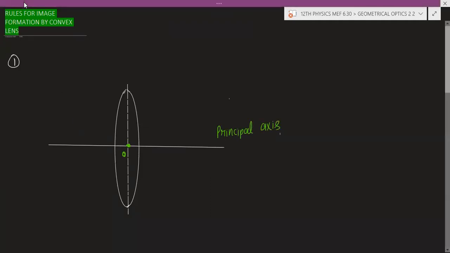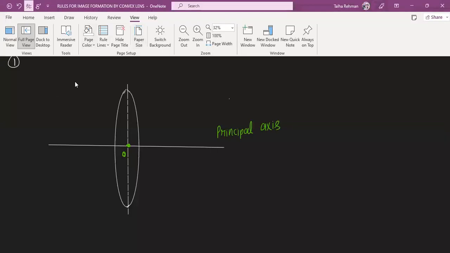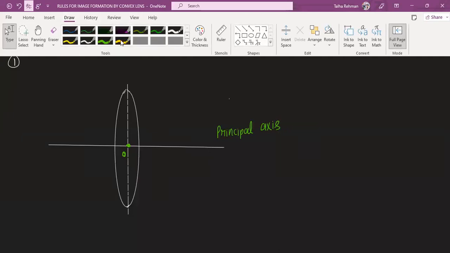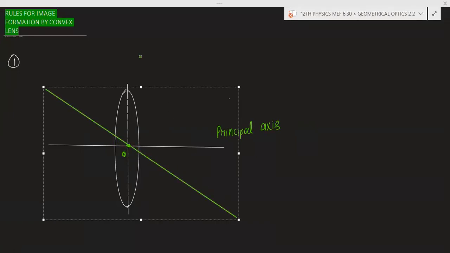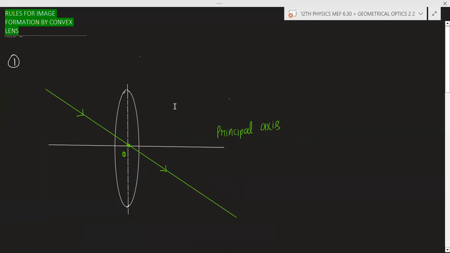So the first rule is: if a light ray is passing through the optical center, then it will pass straight. There will be no refraction and no bending.